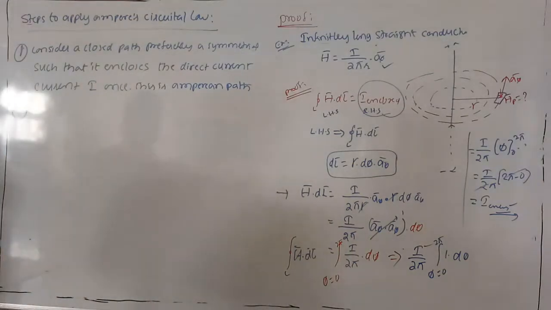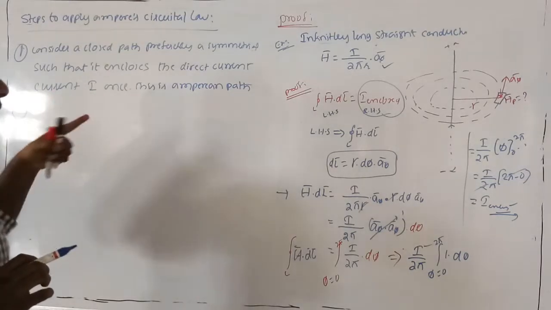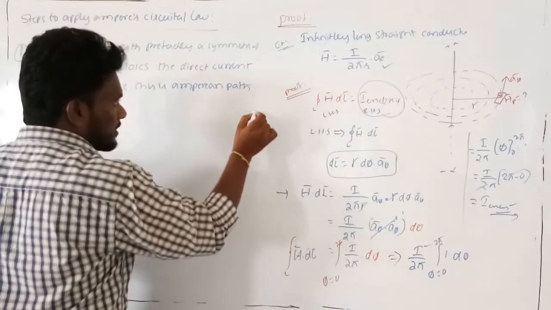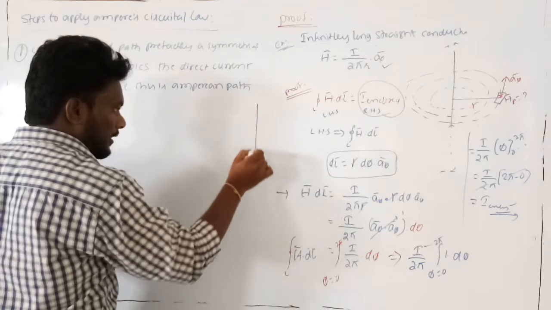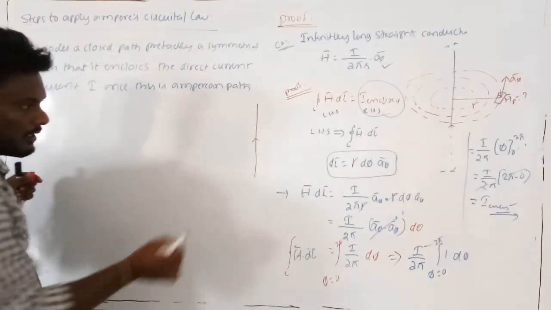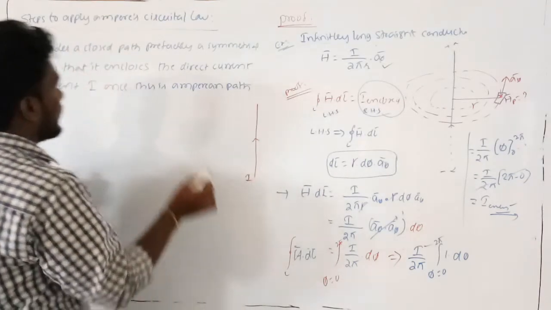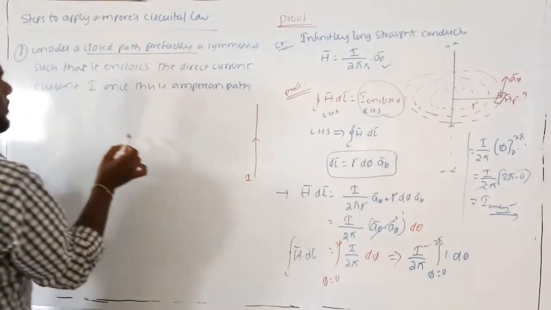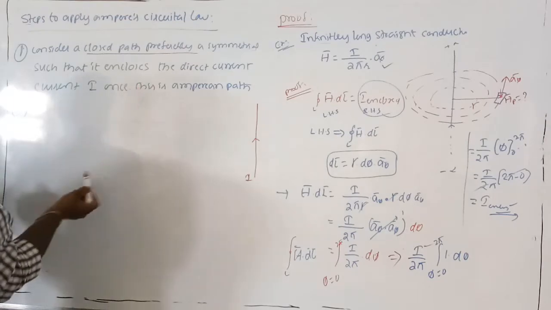Once you select the closed path, that closed path should enclose the direct current I. The meaning of this first step is, suppose you take a straight conductor like this, carrying current I. In the statement, consider a closed path that should be symmetrical such that it encloses the direct current.